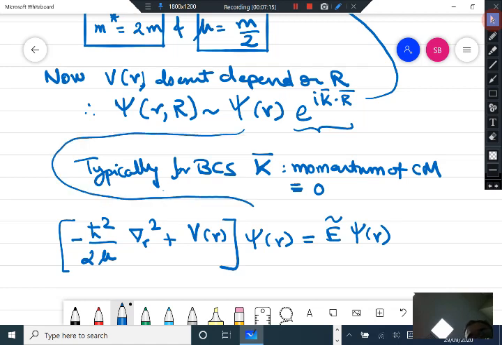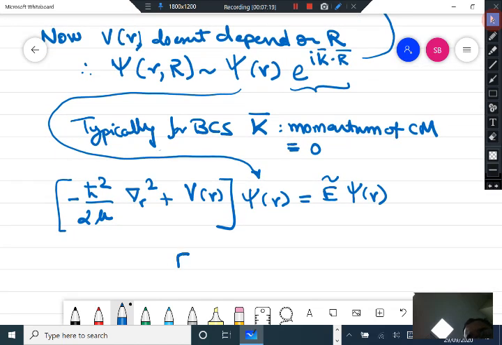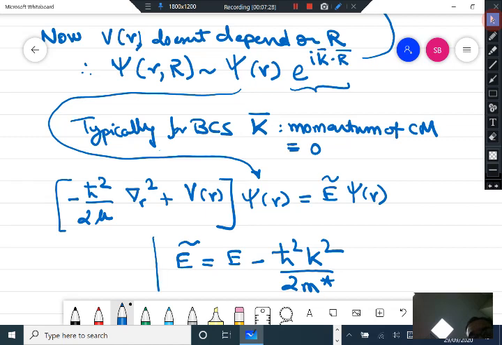You just have this relative coordinate part coming here, and E tilde is E minus h cross square capital K square by 2m star.